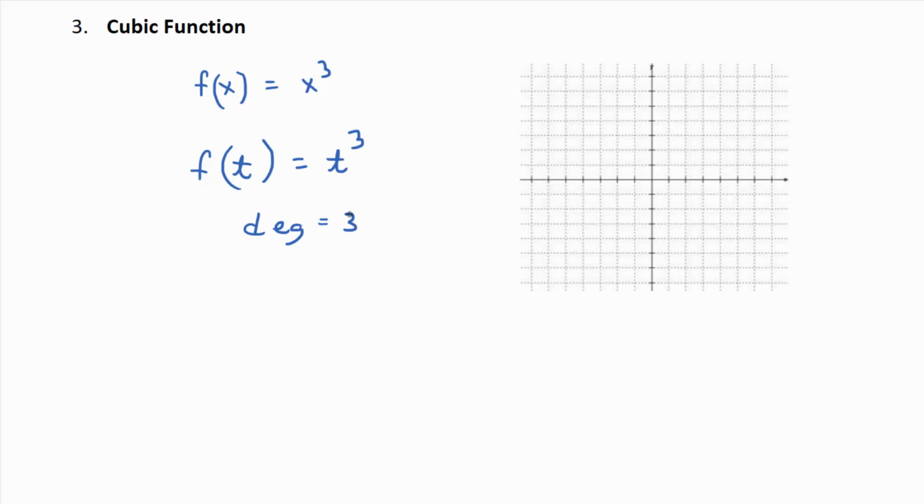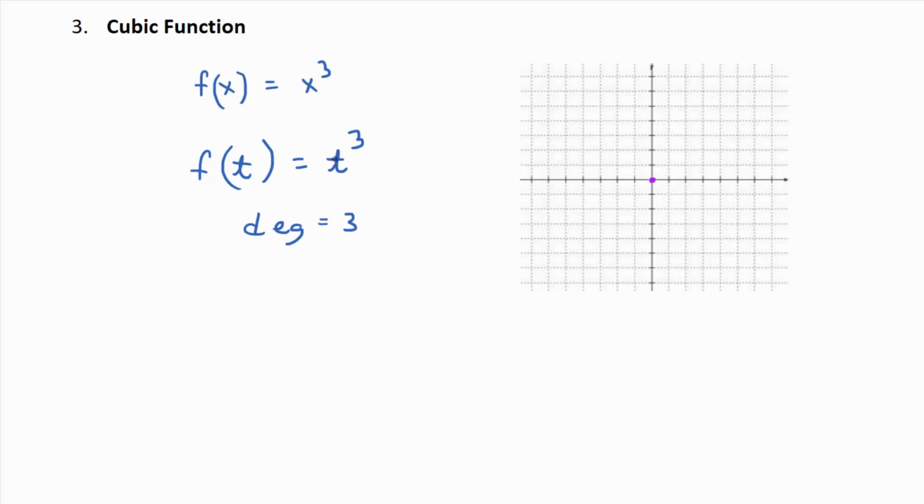No matter which formula you look at, this is a degree 3 polynomial function. And its graph is reasonably easy to come up with by just plotting points. I'm not going to make a table here. The point is you can graph this thing in your head if you just think a little bit about it. If you have an input of 0 and you cube it, f of 0 equals 0 cubed, you get 0.